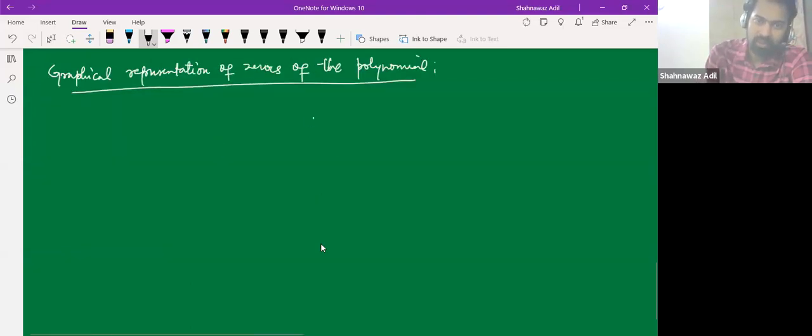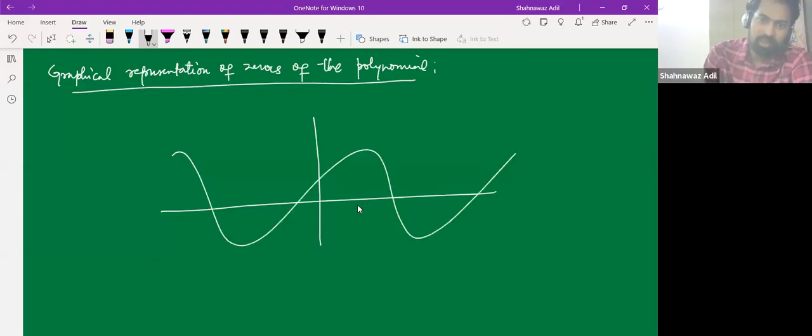It says that if we have this p(x) which is behaving like this, the number of points at which this p(x) cuts the x-axis gives you the number of the zeros, right? So this was the thing that we understood.